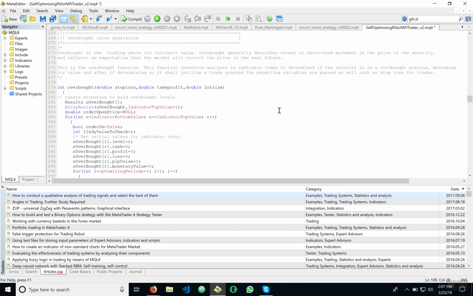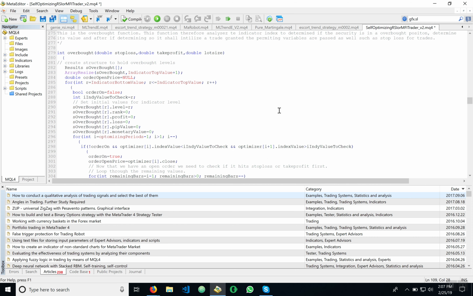What this function does is it analyzes the indicator index to determine if the security is in an overbought position, determine its value, and if so, it shall initialize a trade based on this value. Granted, other permitting values such as remaining money is available, or there isn't a stop loss available, etc.